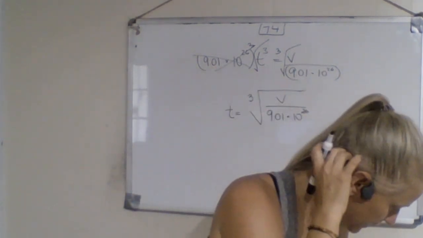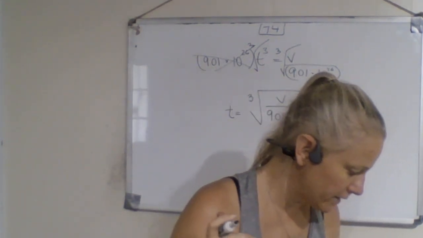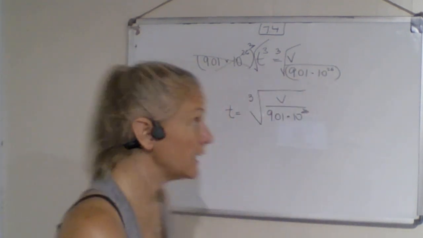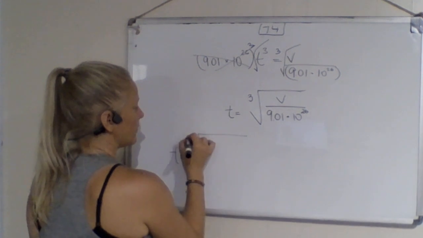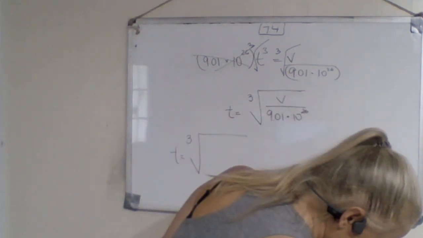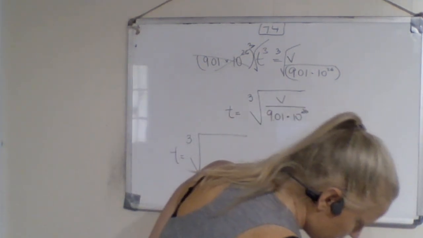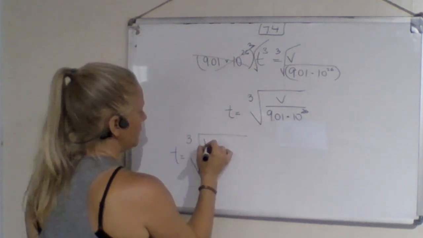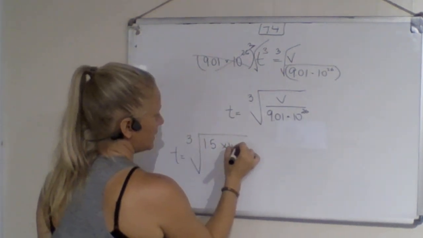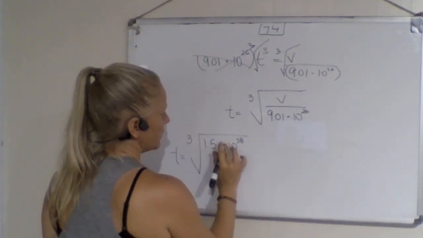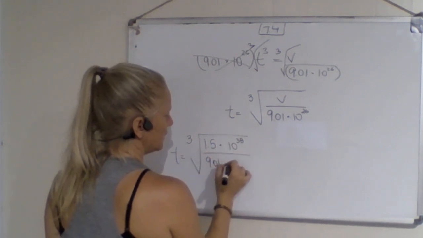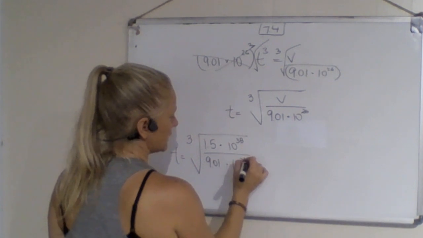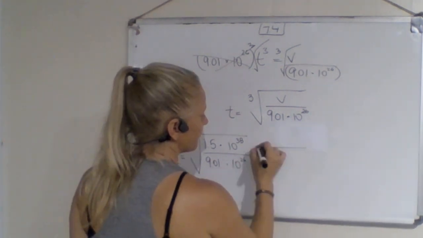Now they gave us a v. They say the v is 1.5 times 10 to the 38. Solve for t. So this becomes 1.5 times 10 to the 38, divided by 9.01 times 10 to the 26, all under the cube root.